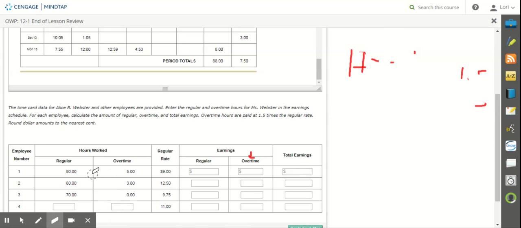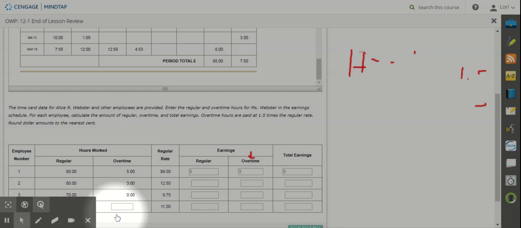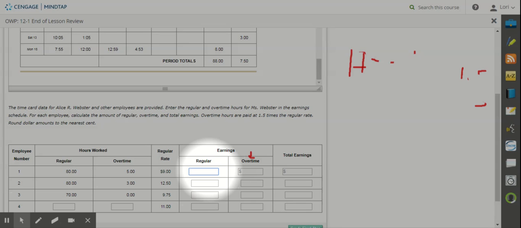So let's go ahead and do the first employee. The first employee worked 80 hours regular, and they earn $9 an hour. And so that means their 80 times their 9 gives us $720 that they earned.